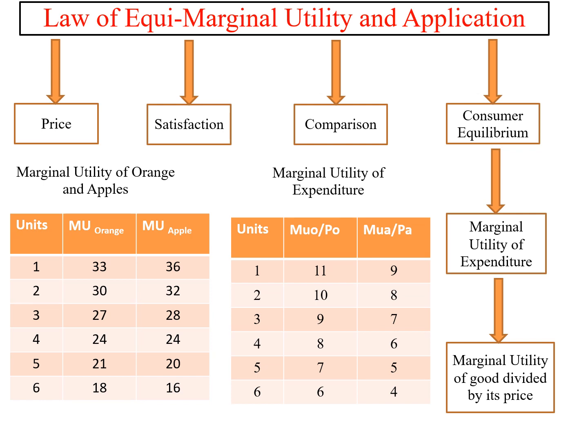Let's take the example that the price of the orange is 3 rupees and the price of the apple is 4 rupees. Then ultimately you will find that for 1 unit, the marginal utility of the orange by its price is 11, whereas the marginal utility of the apple by the price of the apple is 9.